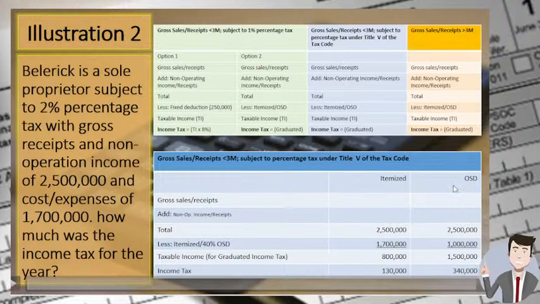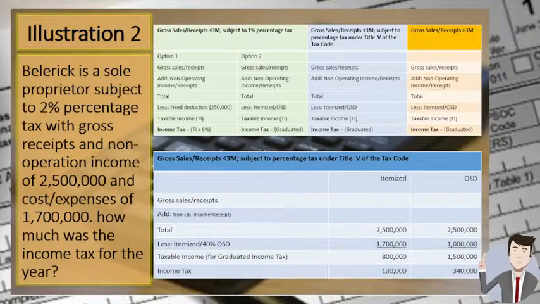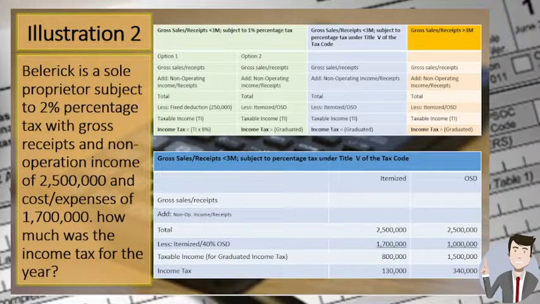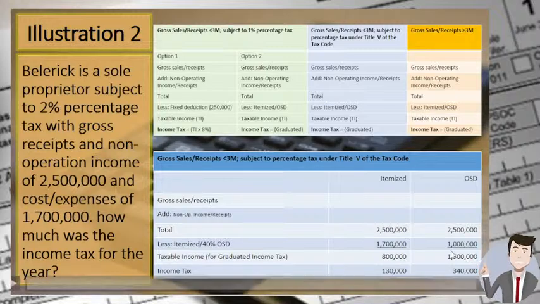So before the first quarter, when preparing, Mr. Belleric should already identify and analyze which deduction scheme he will choose, either itemized or optional, because that is irrevocable for the entire year. He can no longer change his selected option at the end of the year. Okay? For the whole year, I mean.